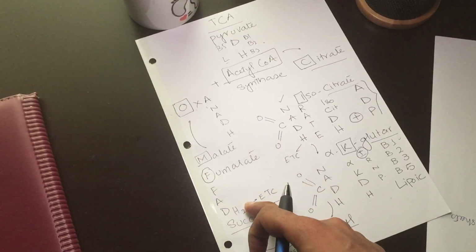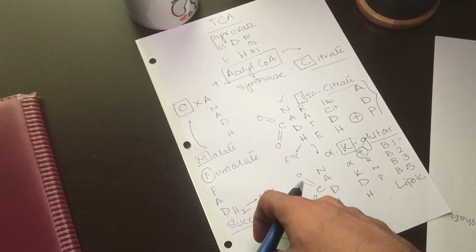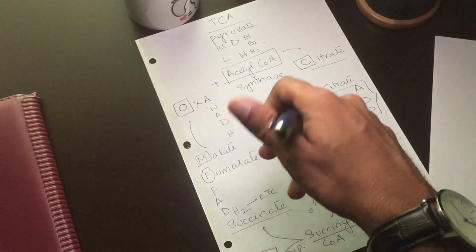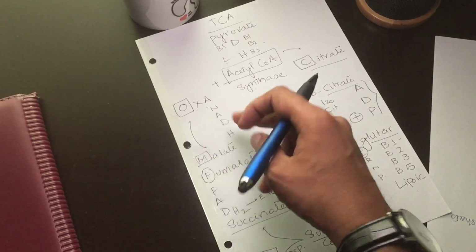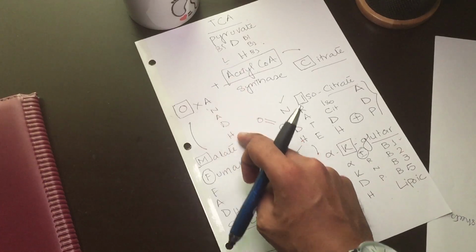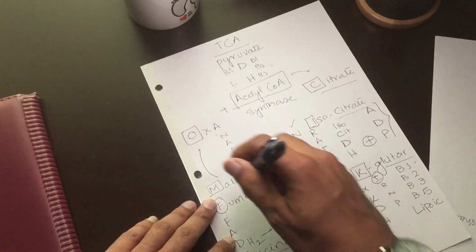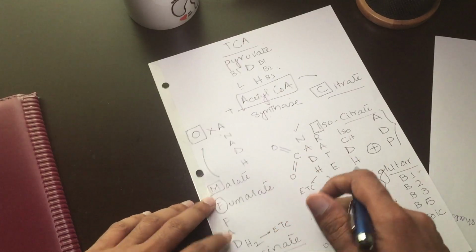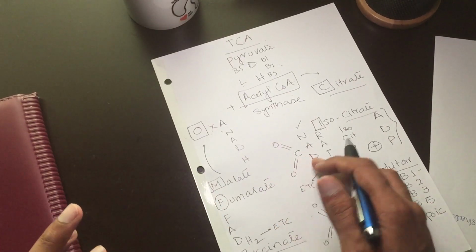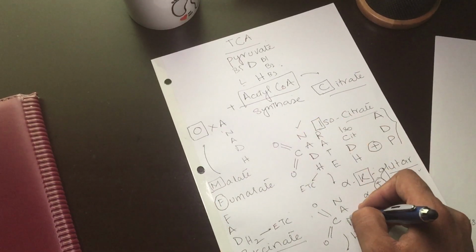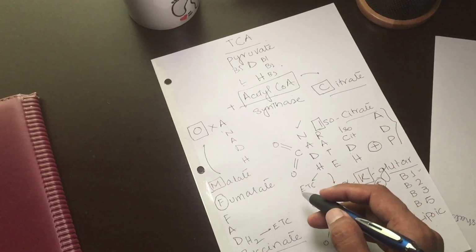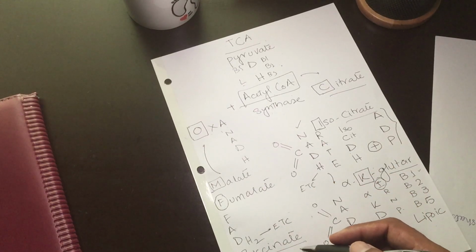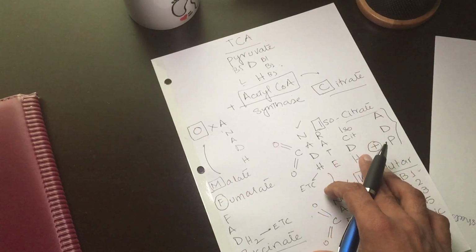Succinate undergoes succinate dehydrogenase to release an FADH2 molecule and convert into fumarate, then malate; malate dehydrogenase makes NADH. So in one round of TCA, we make three NADH molecules, one FADH2 molecule and one GTP. So this is all about the TCA cycle.